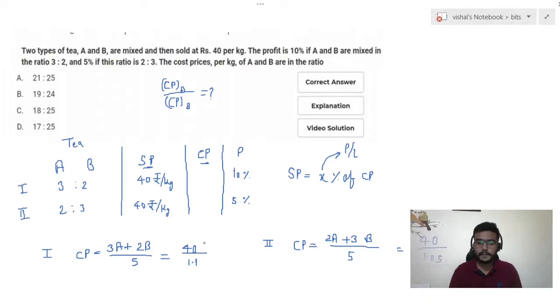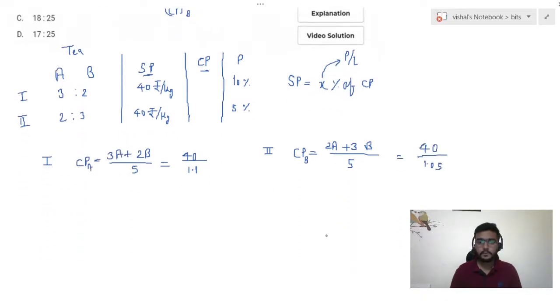Now from here we can calculate the cost price of the first article and the cost price of the second article. Now what will we do?